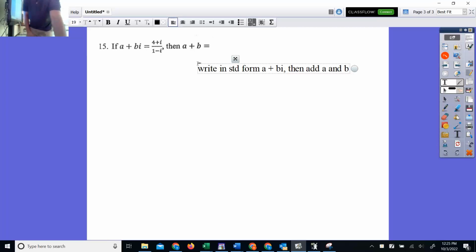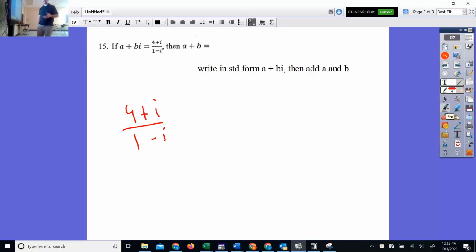All right. So this one is the one that's been throwing a lot of kids off. I know it's kind of gruesome here, but you have to multiply the numerator and denominator by the complex conjugate of 1 minus i, which is 1 plus i.